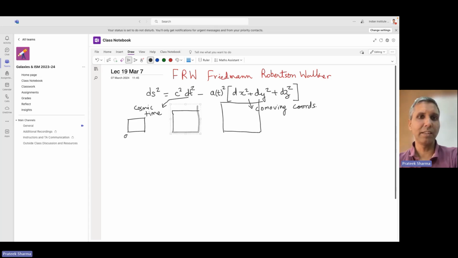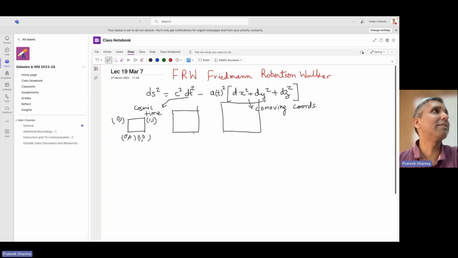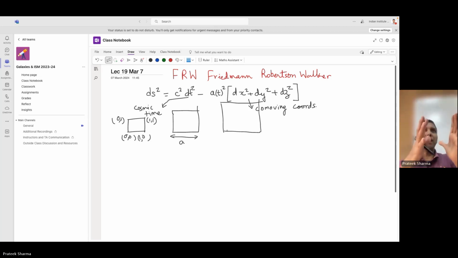You can say this is 0,0, this is 1,0, this is 0,1, and 1,1. These are the coordinates, the co-moving coordinates. Even after it has expanded, the coordinates remain the same, except that the physical sizes become a times 1. With time, if things are just co-moving with the space-time, they just get expanded.